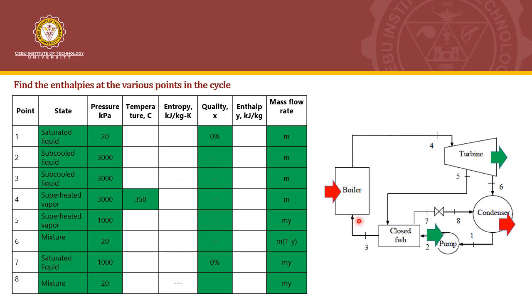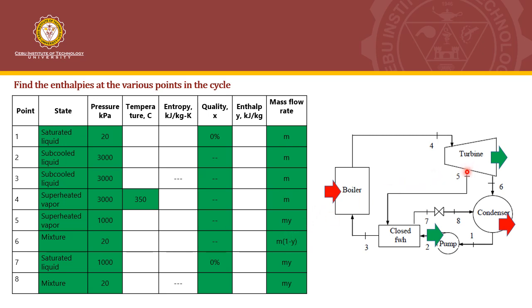So points 3 and 4 will have the same mass flow rate, and that is M. At 5, we extract y, so the mass flow rate at point 5 will become My. And then at point 6, the remaining will be 1 minus y. So at point 6, we have M(1 minus y).